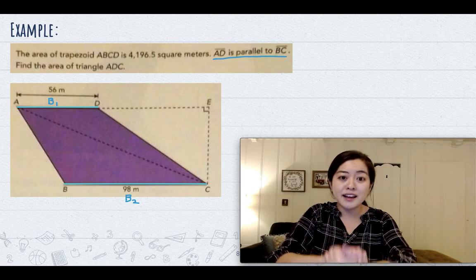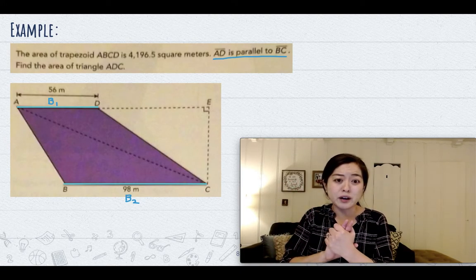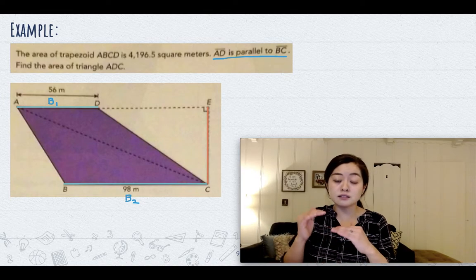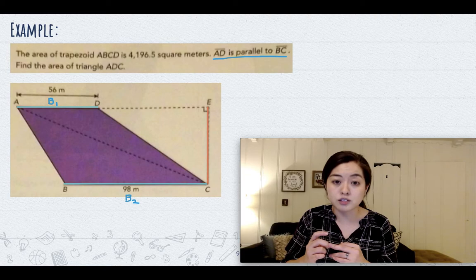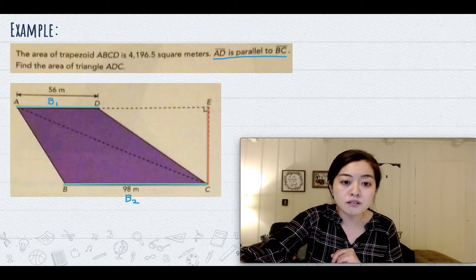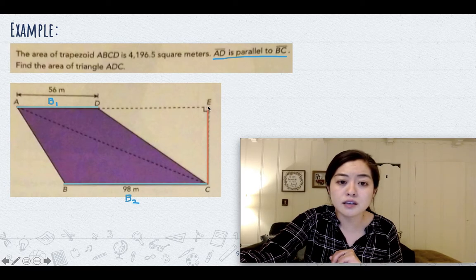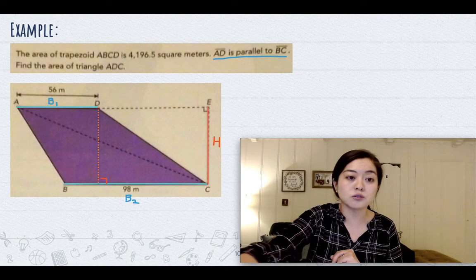Okay, now that I have that, to find the area of a trapezoid, I also need to figure out the height, okay? Where is the height? The height is the distance between the bases of the trapezoid. You can see that here, CE is the distance between the bases because that correlates to here.